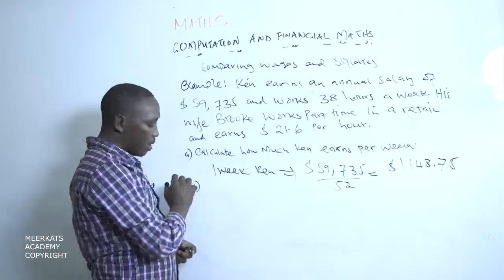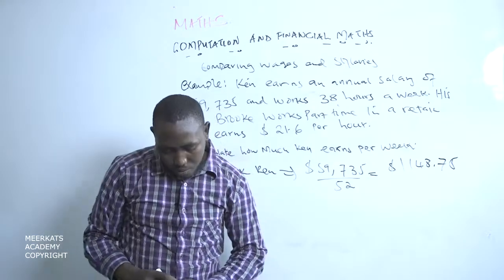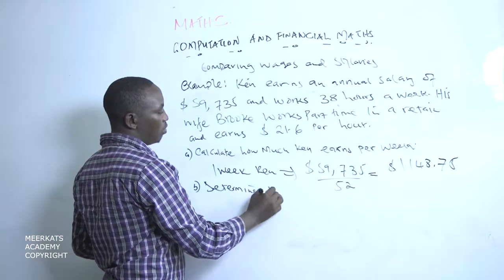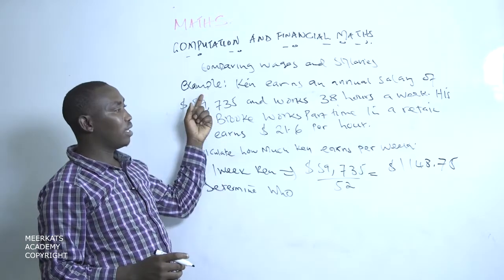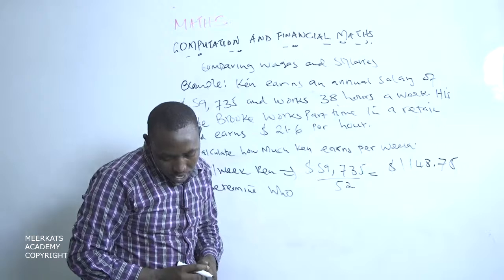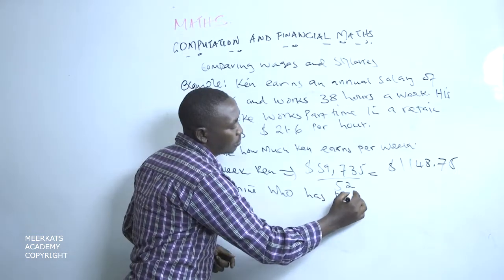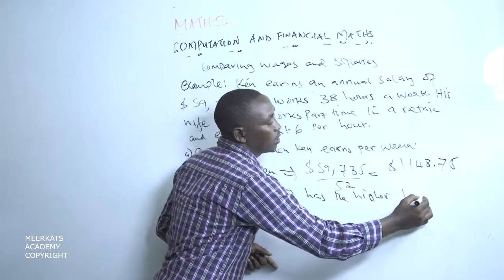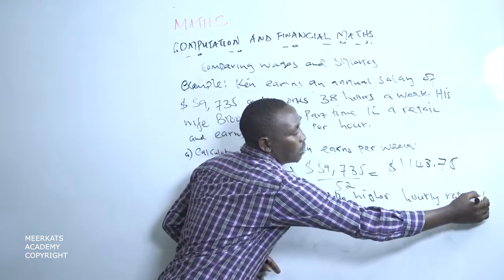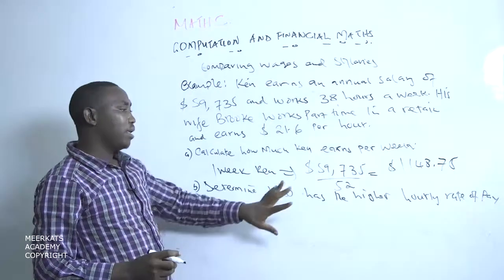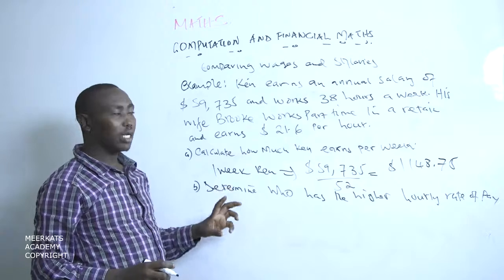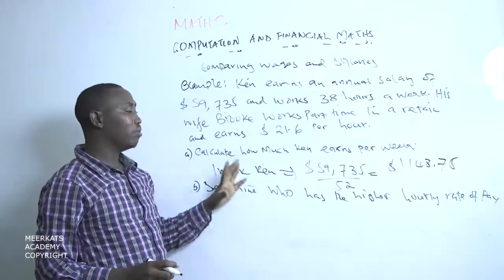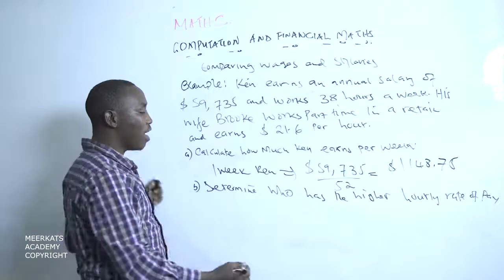That was part A. Part B of the question: determine who, among Ken and Brooke, has the higher hourly rate of pay. In this case, we are supposed to calculate how much Ken gets in 1 hour, and at the same time how much Brooke gets in 1 hour.